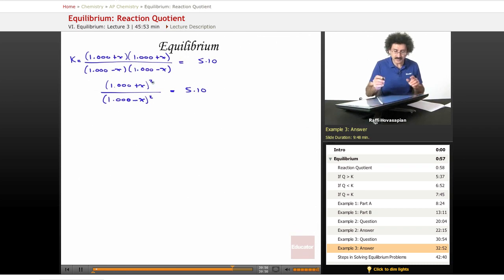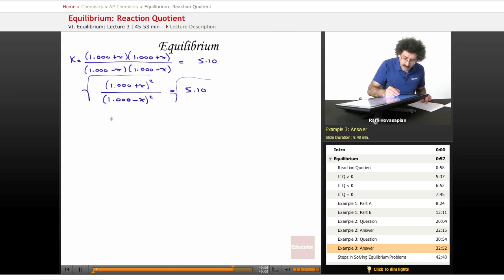Okay. And now we have a square here and a square here, so we'll just go ahead and take the square root of both sides, and we end up with 1 plus X over 1 minus X equals 2.258.